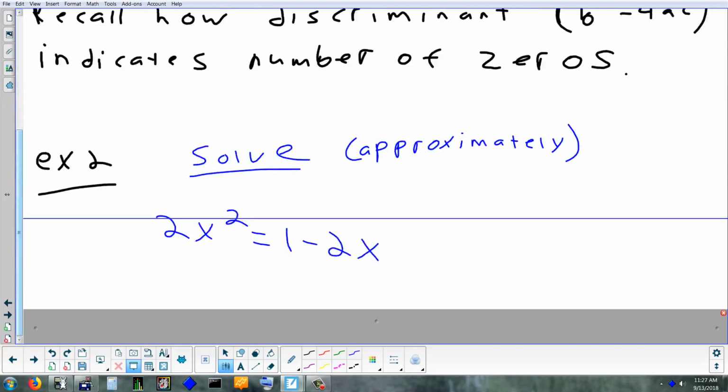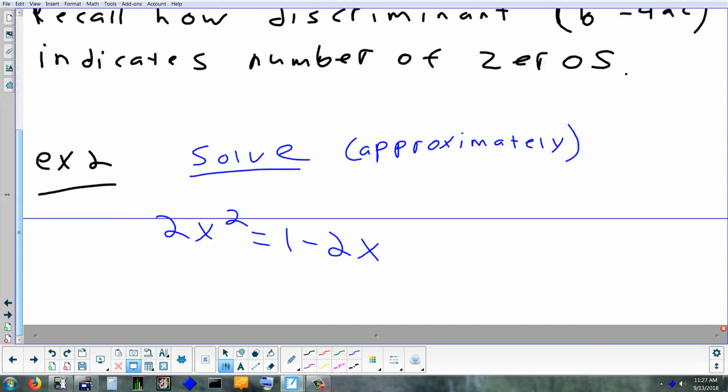All right, so this one just says to solve approximately. If it said solve exactly, I'd have to use the quadratic formula. But to solve approximately, I can do it on the calculator. Since we're dealing with roots, anytime you want to find a root, what do you have to get the equation equal to? What number?